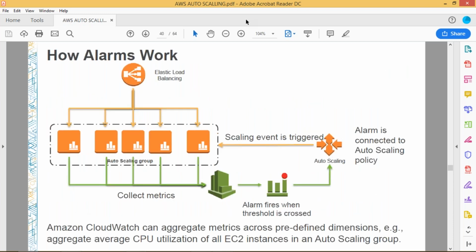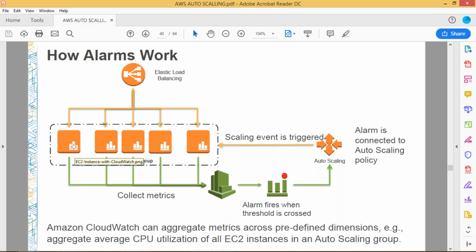So how alarms work: the elastic load balancer comes in, and then we create auto scaling groups mapped with the elastic load balancers, and we provide different instances. Once the instances are configured, you have to configure CloudWatch for any instance.